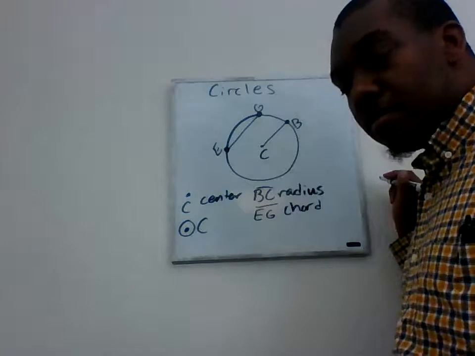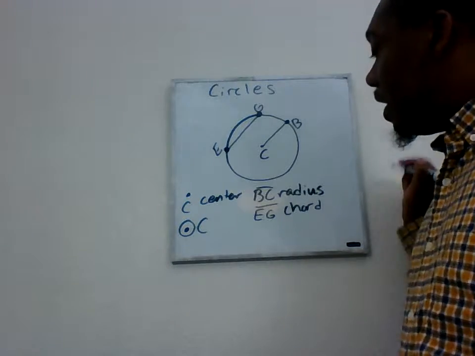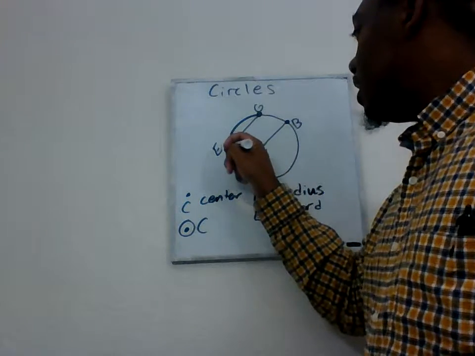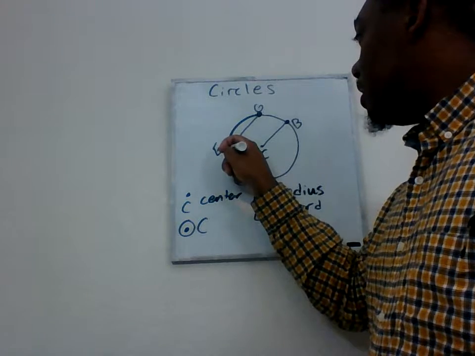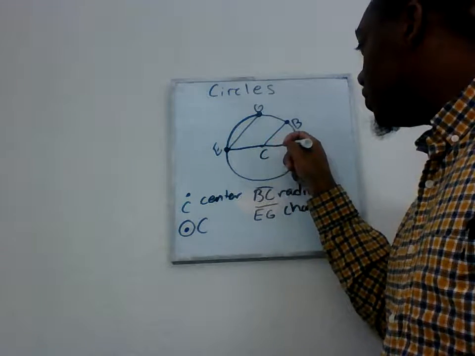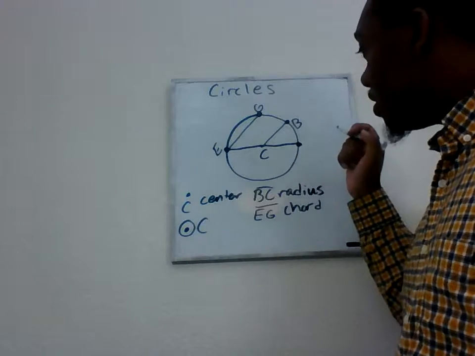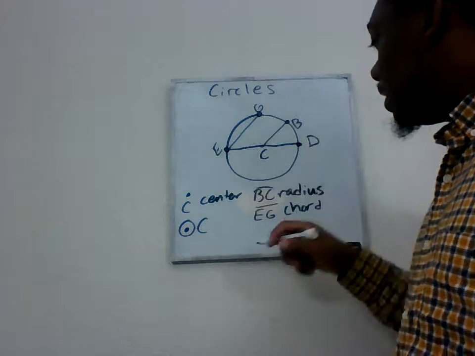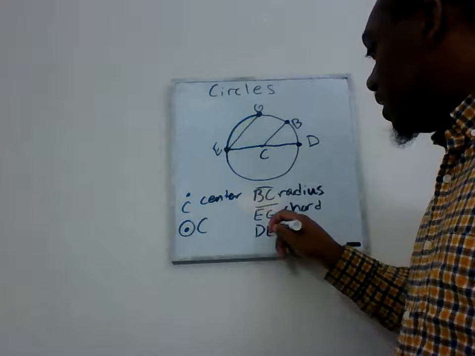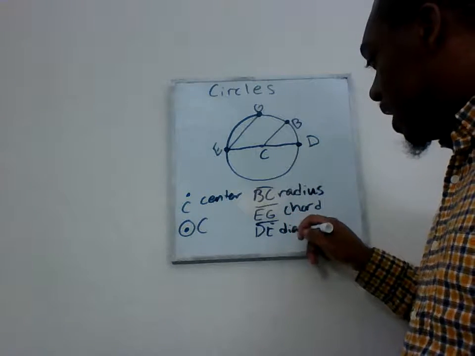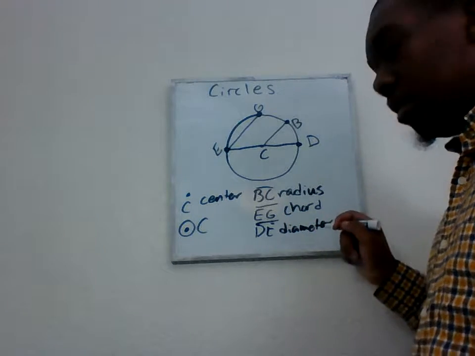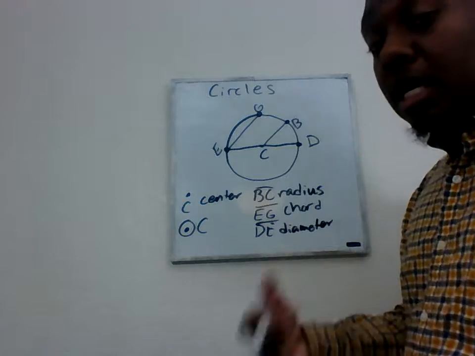Well, if I took my point E and I went straight across through the center to another point on the circle, let's call that point D, I will then have that DE is a diameter. Well, you just said that was called a chord. It is.